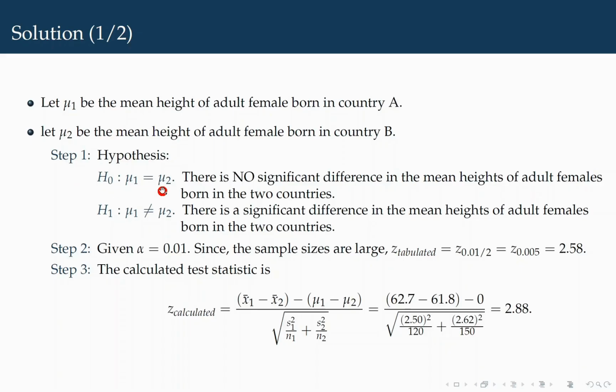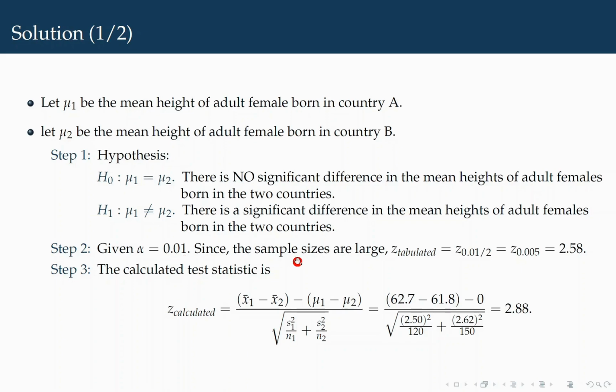That means there is no significant difference in the mean heights of adult females born in the two countries, A and B, and the alternative is mu1 is different from mu2. There is a significant difference in the mean heights of adult females born in the two countries. And alpha we have already been given as 1%, that is 0.01.